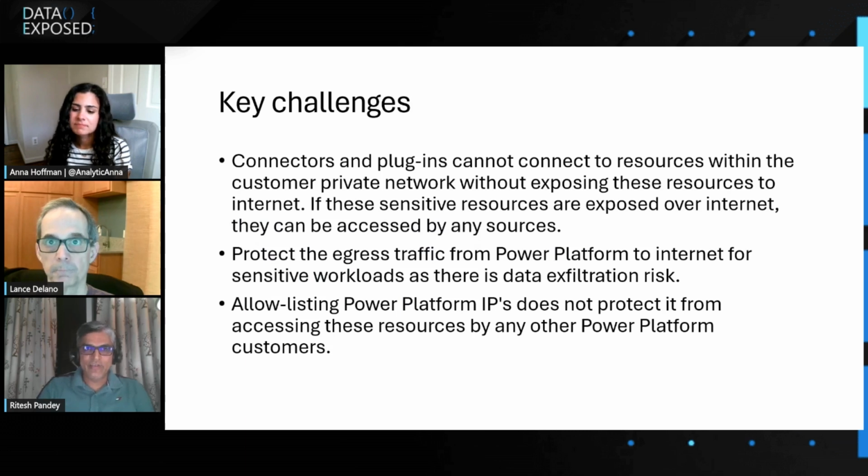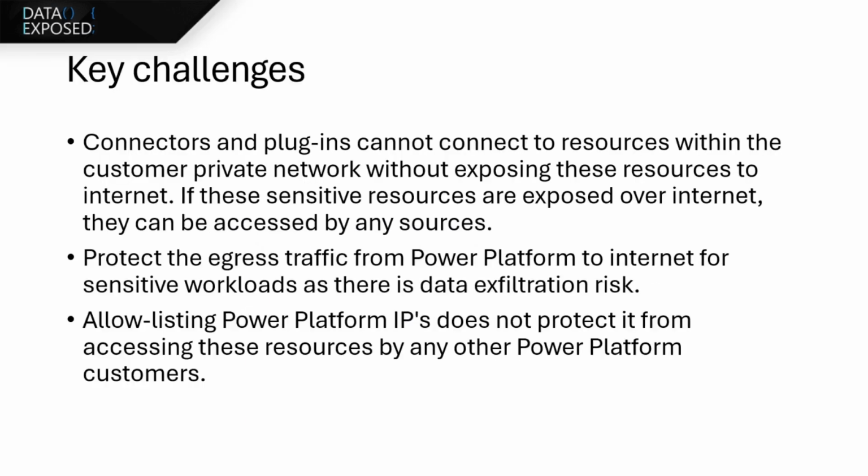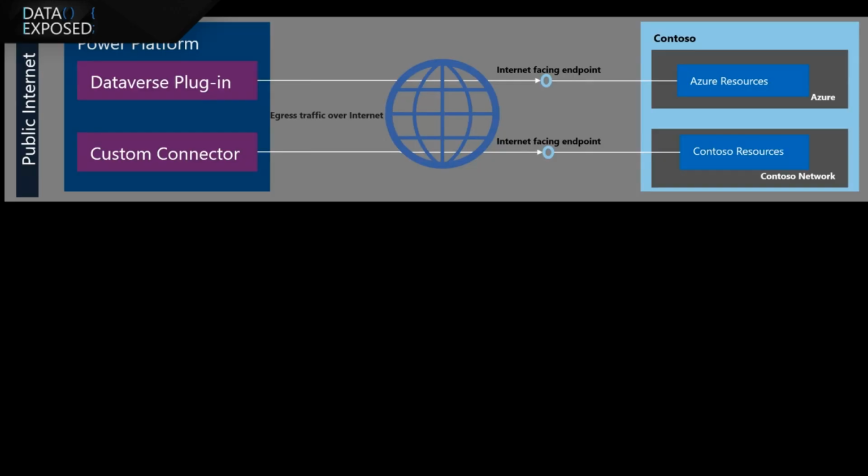Some of the challenges we were seeing earlier are that connectors and plugins basically cannot use the resources within the customer's private network without being available on the internet. With VNet support, we don't have that requirement. If you look at the top one, this is the current state of how the Power Platform accesses private endpoint protected resources in Azure.